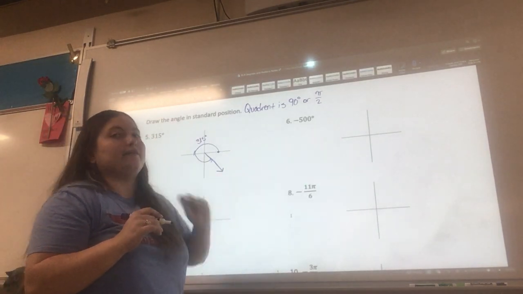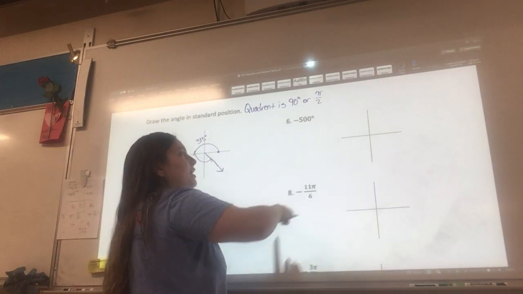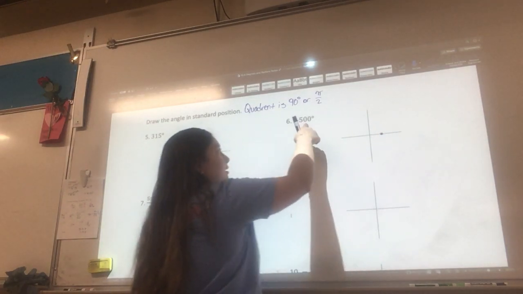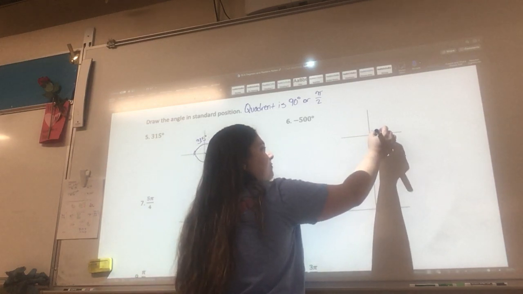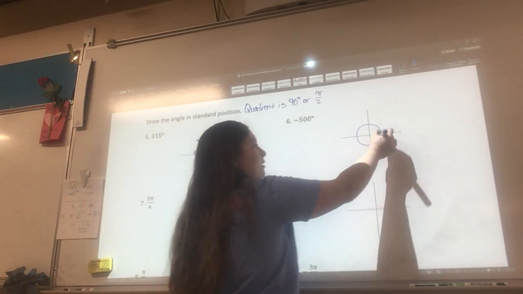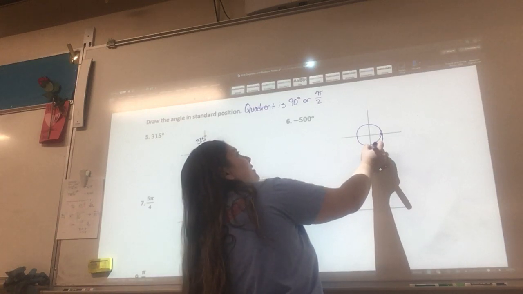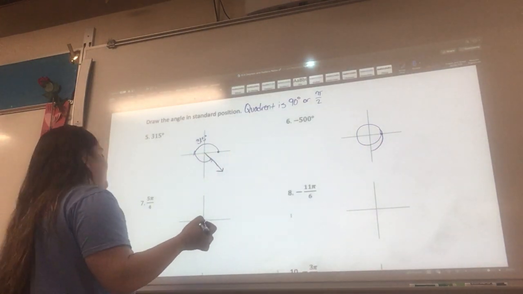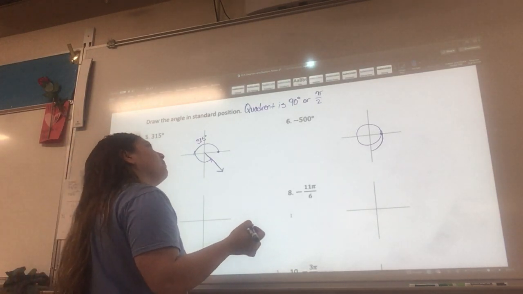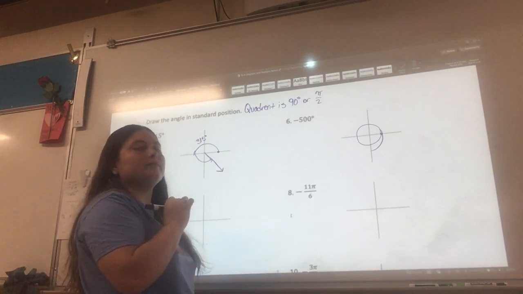Now we're at negative 500. That changes how we do things. Since positive means counterclockwise, negative means clockwise. We again start here, but since this is 500, we already have to go a full 360, because we're not even at 500 yet. We add another 90, so 360 plus 90 is 450.